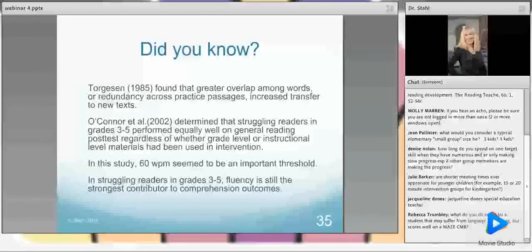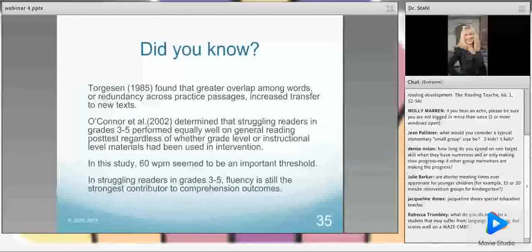The thing she did find that seemed to make the difference was that kids needed to be able to read 60 words per minute to take advantage of the third grade level text. That's important. Children needed to read 60 words per minute to be able to really take advantage of that grade level text.